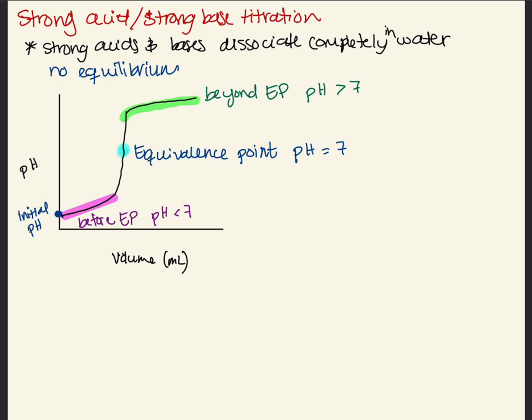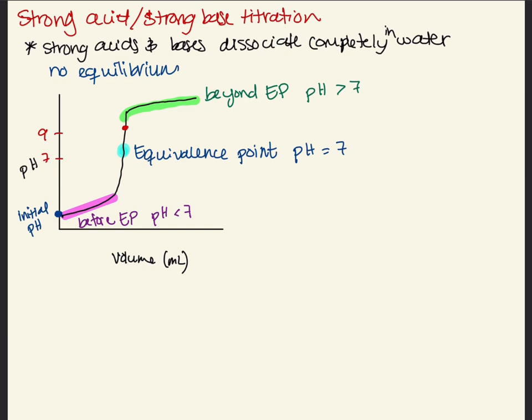So phenolphthalein is the indicator that is used most often with a strong acid and strong base, and it has a pH change. We'll say the equivalence point here is 7. Phenolphthalein has a color change at a pH of around 9.